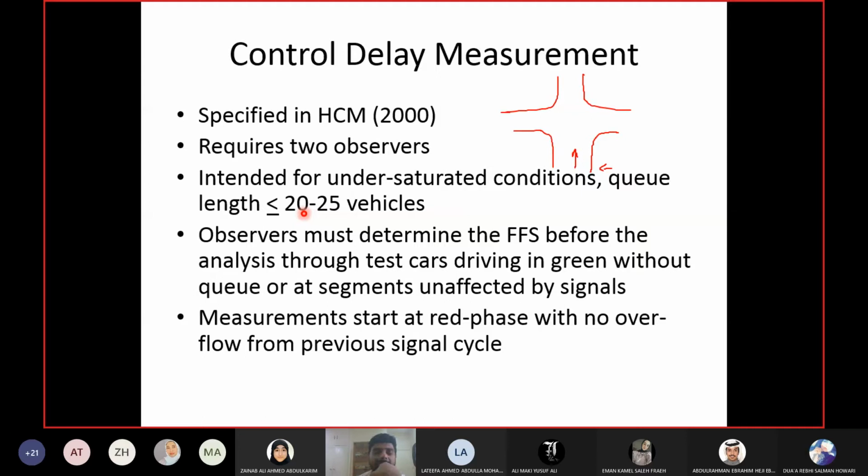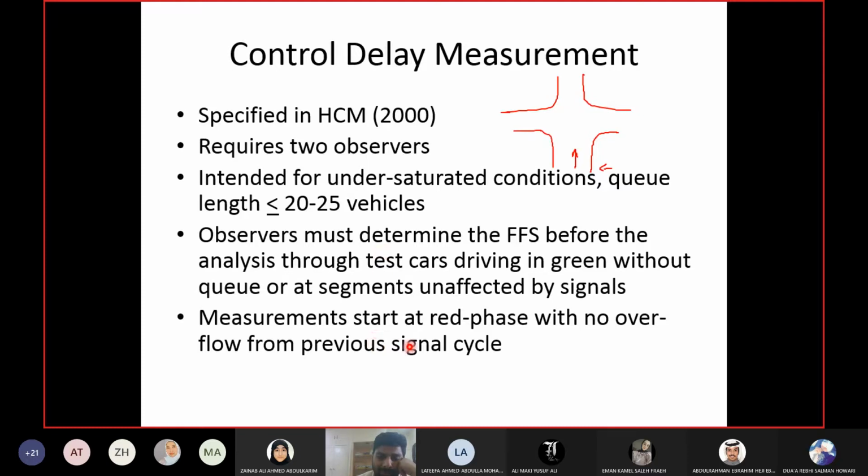If the number of vehicles in the queue goes more than 25, that means it is oversaturated conditions. For some highways even above 20 is not allowed; if it is above 20, you will still consider it oversaturated. In oversaturated conditions, you will not do the survey. You will come back at some other time when the volume is low.